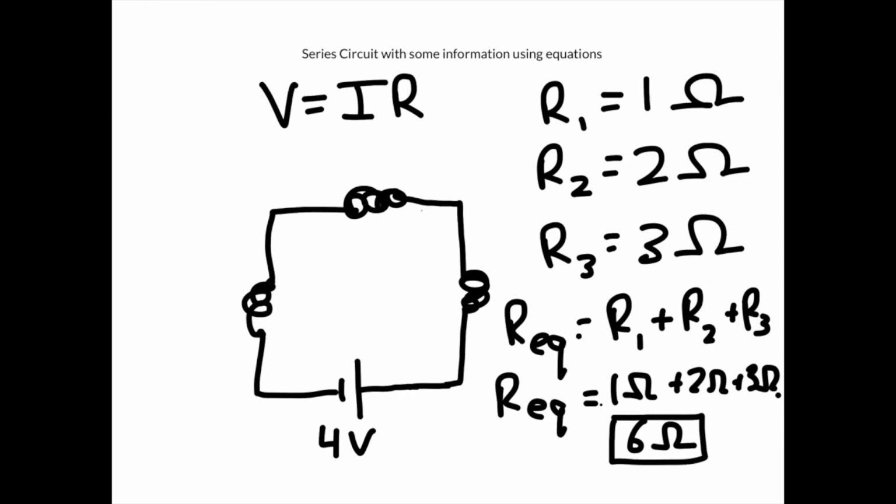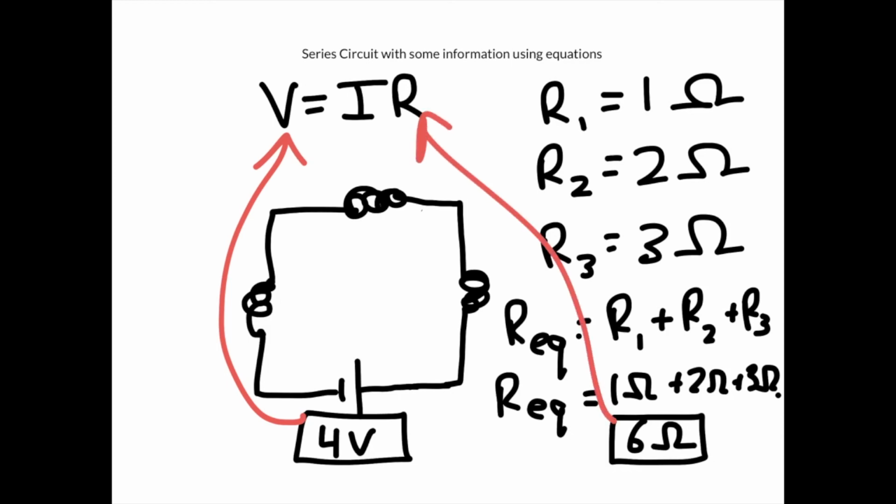Now, if I know the total voltage of my battery, and I know the total resistance across the entire circuit, I can put those values into my equation, Ohm's law, and I can find the total current going through this series circuit.